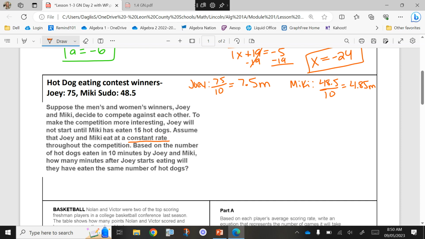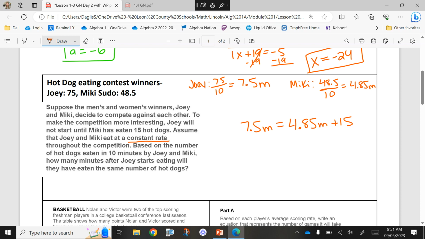All right, what else did it tell me? He's going to wait until she eats 15 hot dogs, right? So we're going to do Mikey over here, 4.85 m plus 15, because she's already going to have 15 before he joins her. And we want that to be equal to Joey's 7.5 m.